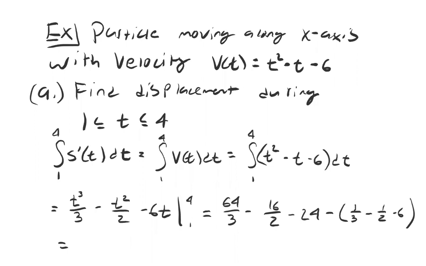So we get 64/3 − 8 − 24 − 1/3 + 1/2 + 6. And so you can do this. Apparently what you get with this is −9/2. So the displacement, how far it is away from the origin going between these two times, is −9/2.